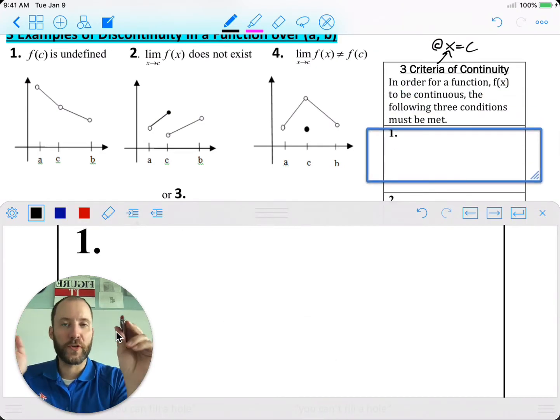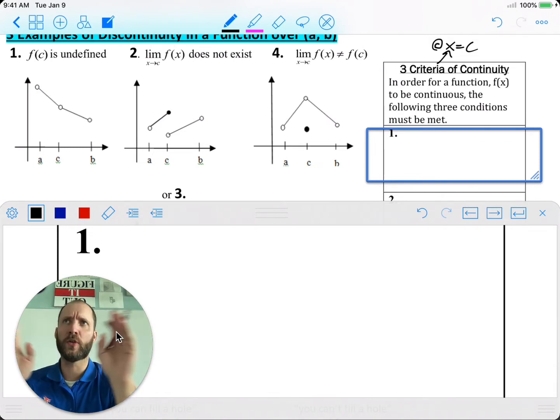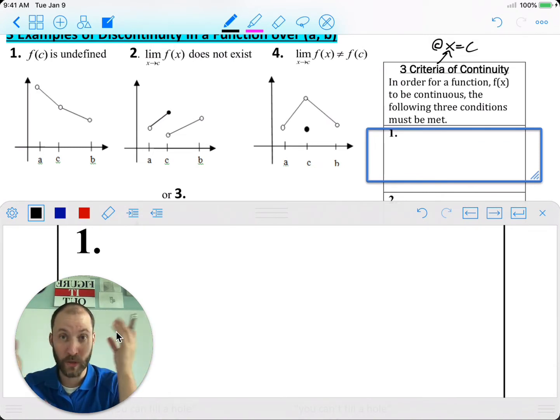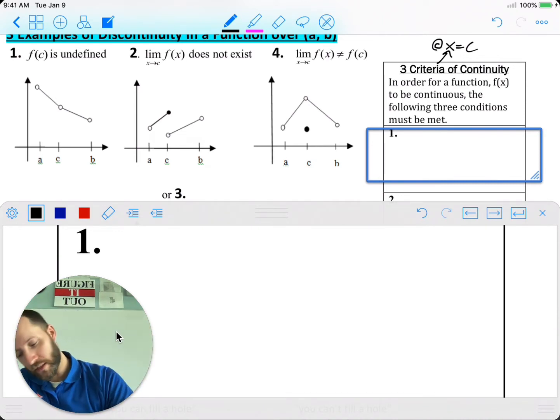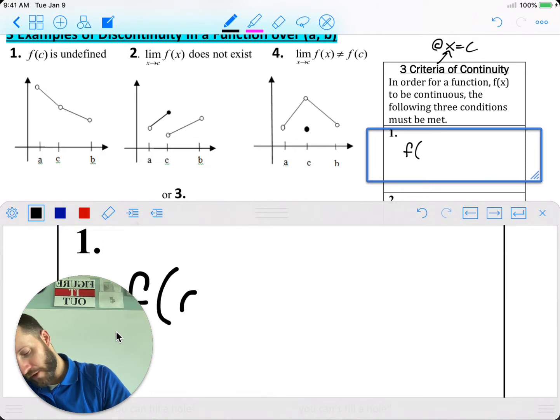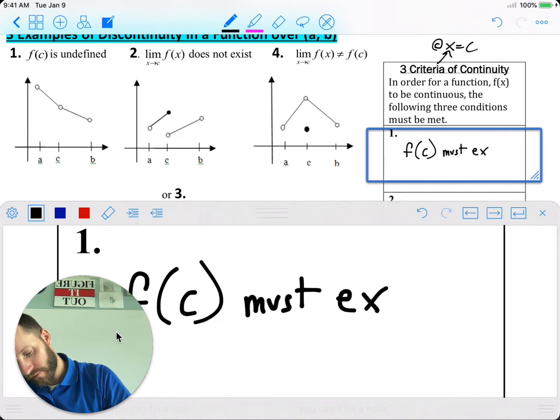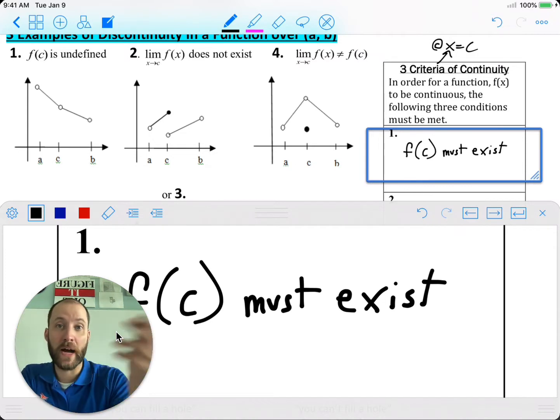So here's the first step for continuity. This is big. This is so big you're going to be mind blown. Whoa. Alright? So first, f of c must exist. I know, mind blown, right?